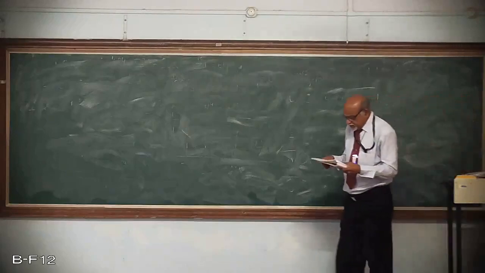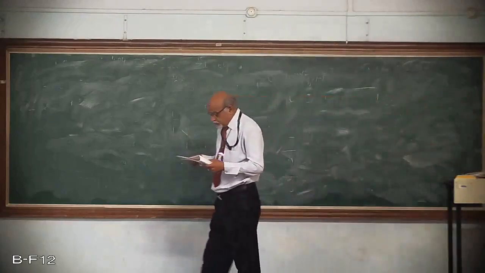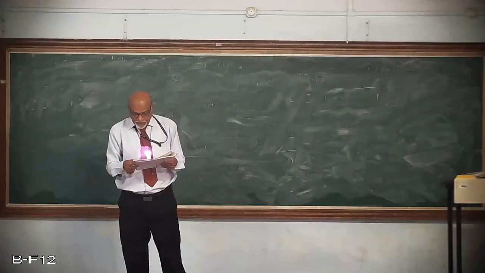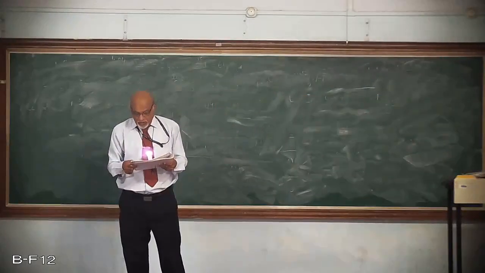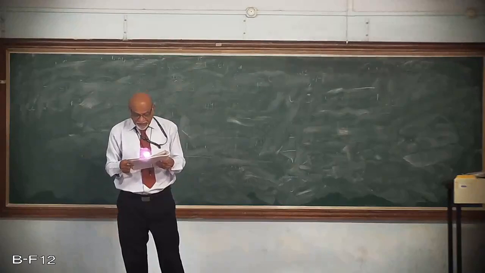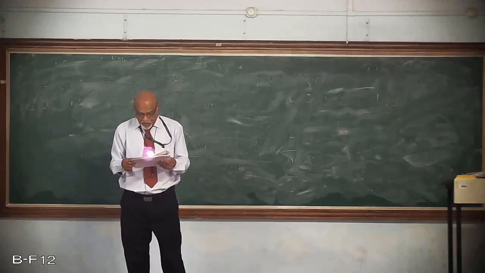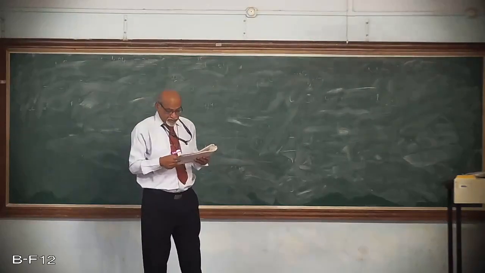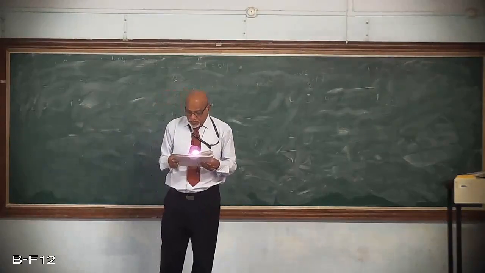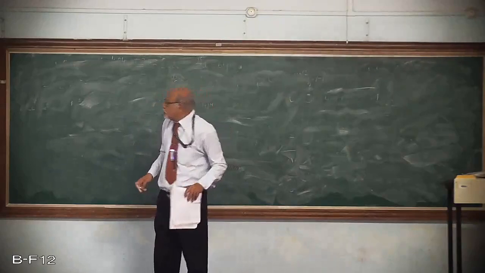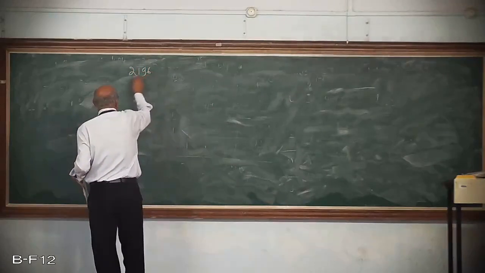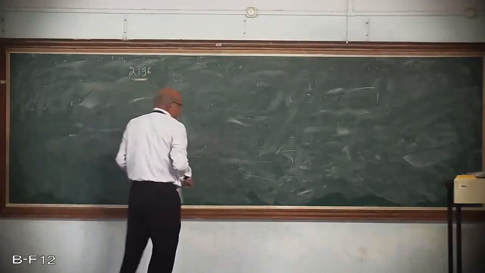A P chart is used to analyze the monthly record for 100% inspection of certain radio transmitting tubes. The total number inspected in the month was 2,196.